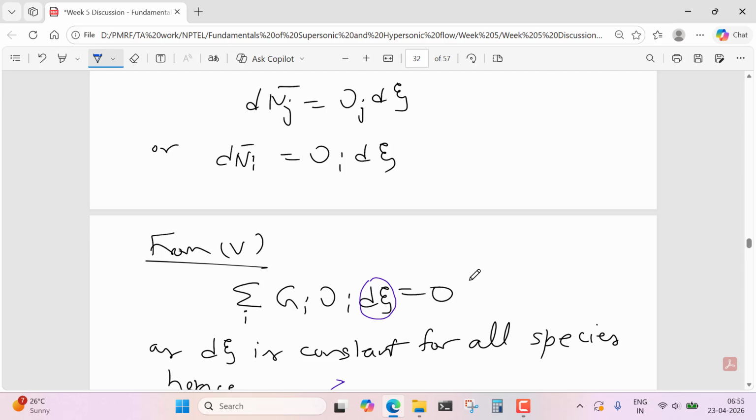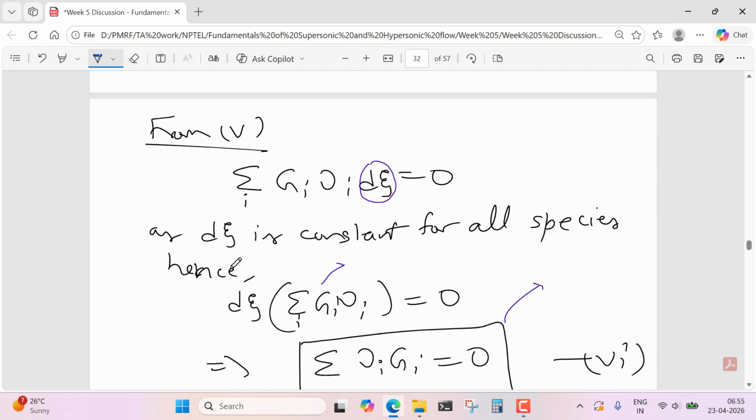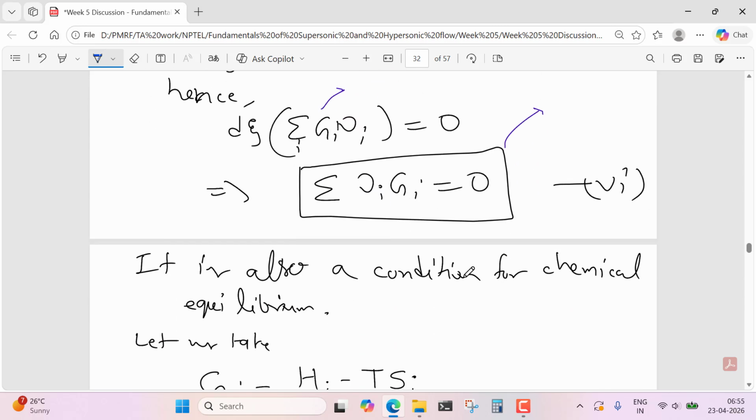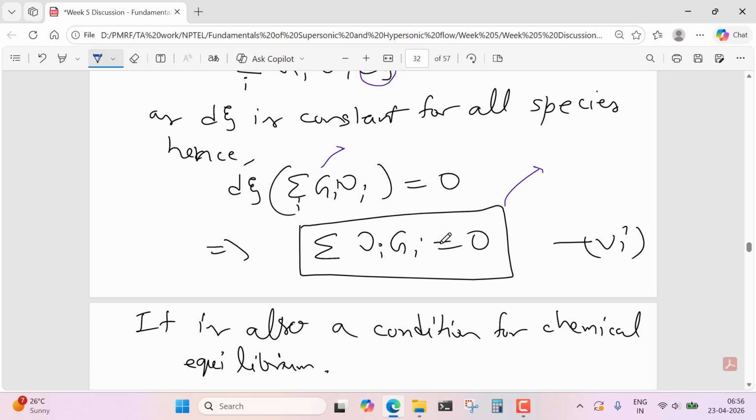Hence, d epsilon can come out from the summation, which will be d epsilon sigma i gi mu i equal to 0. And we will get sigma mu i gi equal to 0. This is an important relation, and this is also a condition for chemical equilibrium.